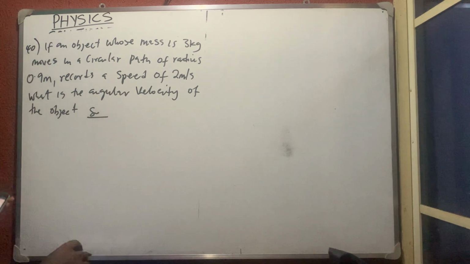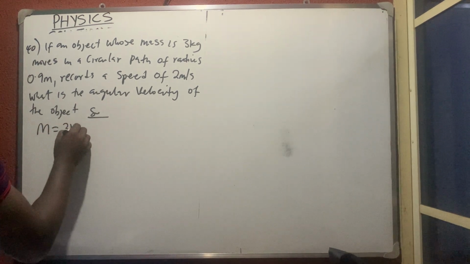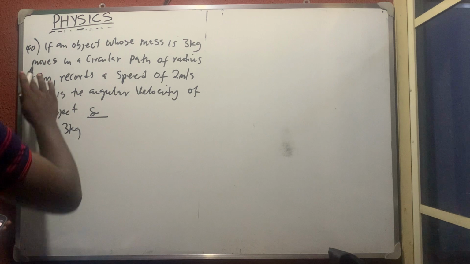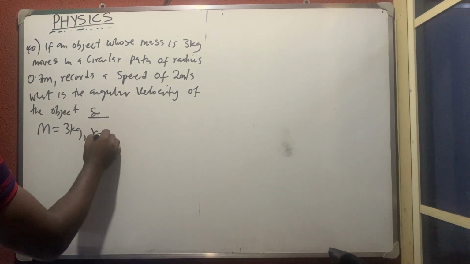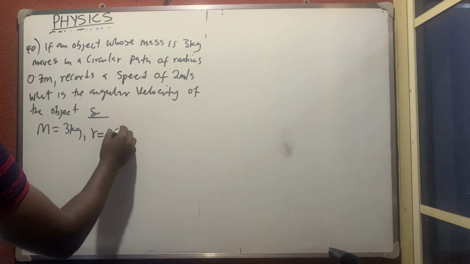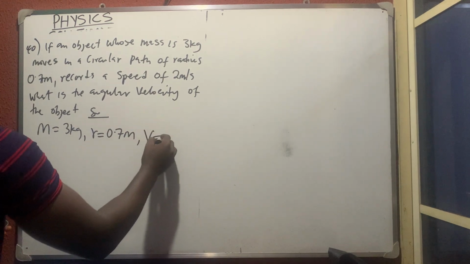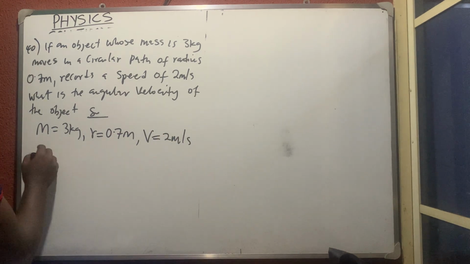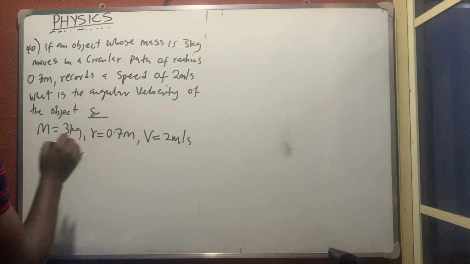Solution. So I have that the mass of this object is 3 kg. Okay, sorry, this is 0.7. I have that the radius is equal to 0.7 meters. And they said that the velocity is 2 meters per second. So they are asking us the angular velocity, but I know that normal velocity is equal to angular velocity times r.